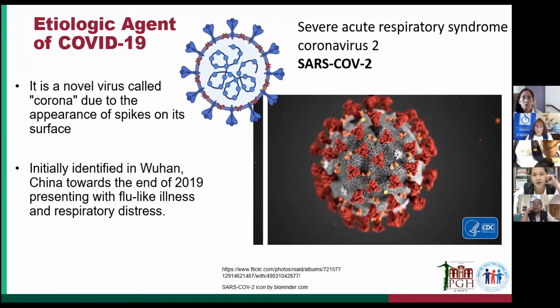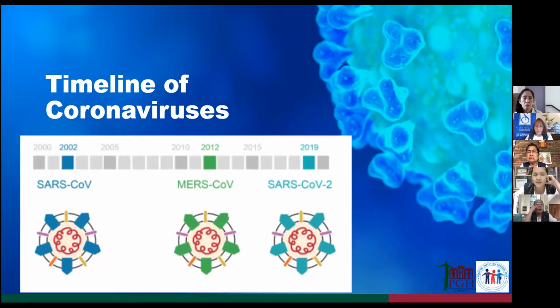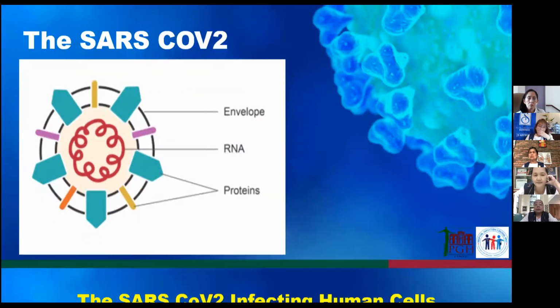So kaya siya corona kasi talagang parang crown yung itsura niya from the surface. So there's been many coronaviruses along the way, but this one really seems to be so transmissible. That's why it has affected many individuals na. Many millions of people have been affected and many millions have died.